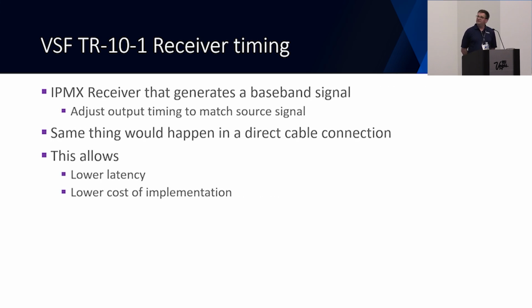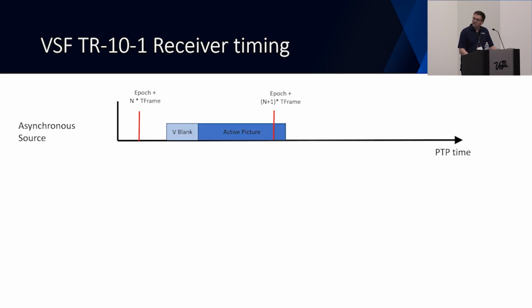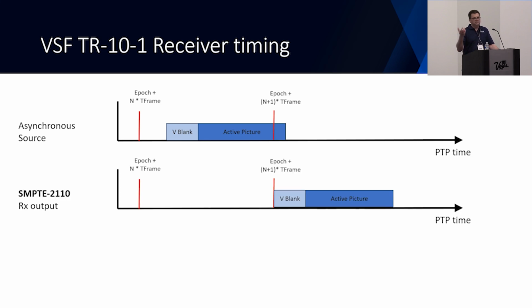A bit about the receiver timing. Like we saw in 2110, everyone follows PTP, and everyone is well synchronized. In IPMX, a receiver has the capability to reproduce the timing of the source, not based on 2110, but based on the original asynchronous timing of the source. So if your source is shifted in time compared to PTP, normally a 2110 network will realign the video stream on the PTP.